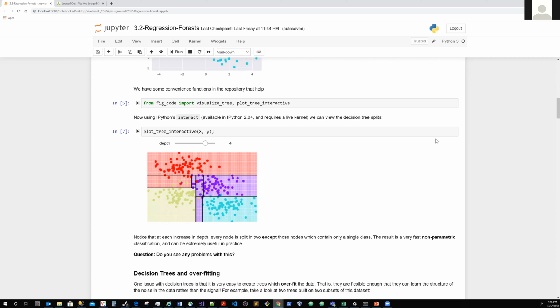Like, notice that at each increase in depth, what do you mean by the depth, Professor? Like the split activity? Yeah. Depth is basically, if you have a tree, maybe in the next step you split this further, right? So each time you split, you find the attribute is split into 2, right? Can you scroll these steps a little bit and see what it shows?